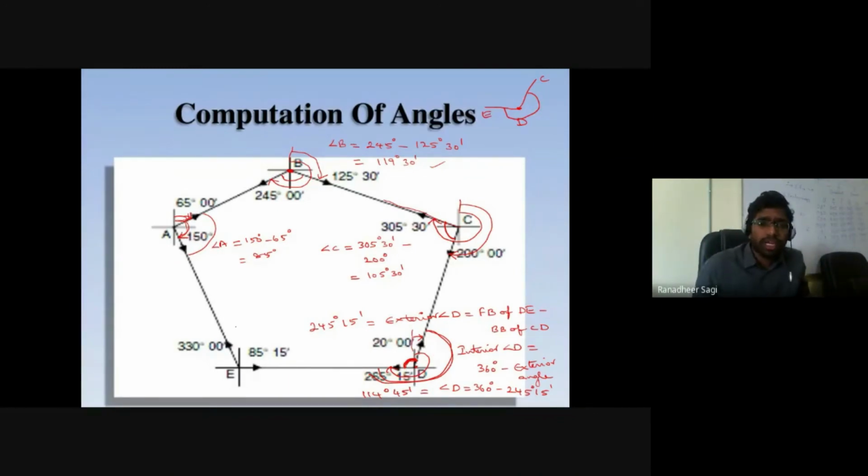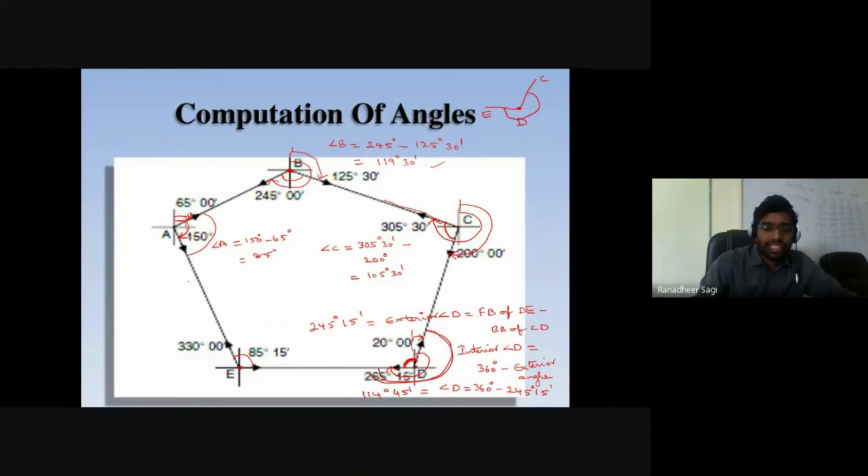Now in a similar way, with respect to station E, I'll go ahead and calculate my interior angle. So even here in the case of station E, if I directly subtract the bearings of two lines, one considered the forebearing and the other the back bearing, the angle I get is once again an exterior angle.